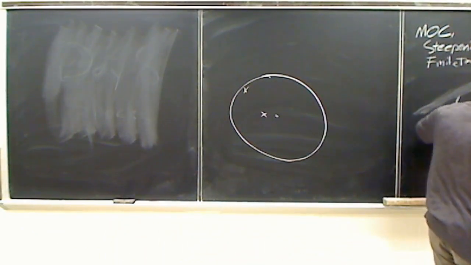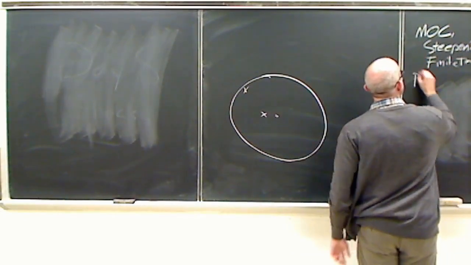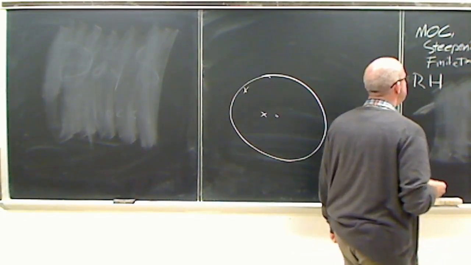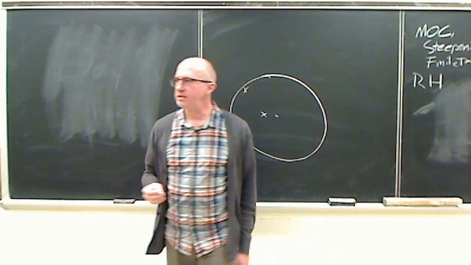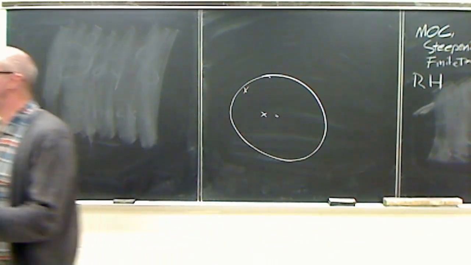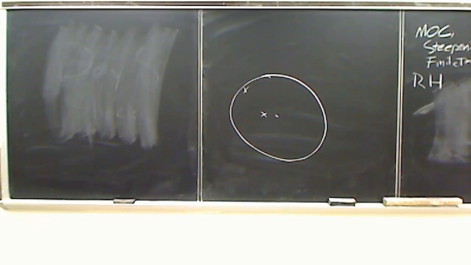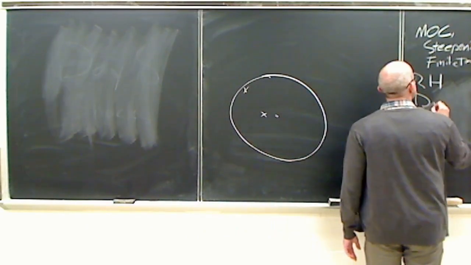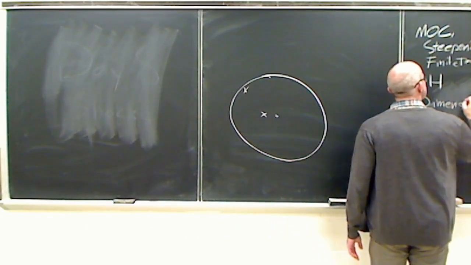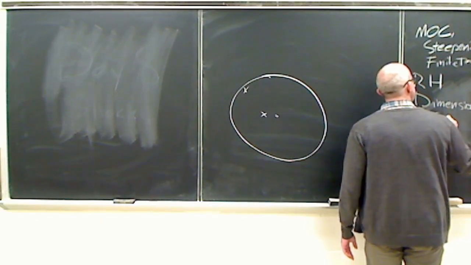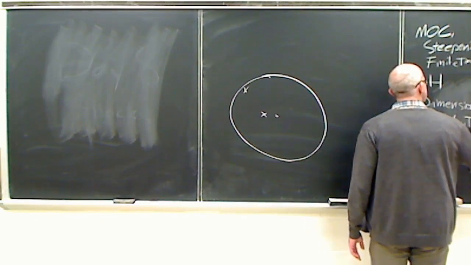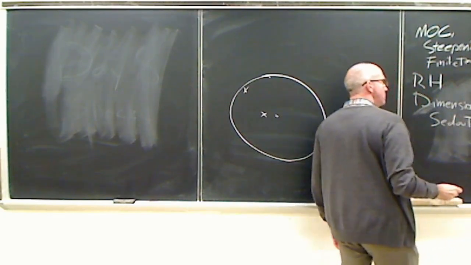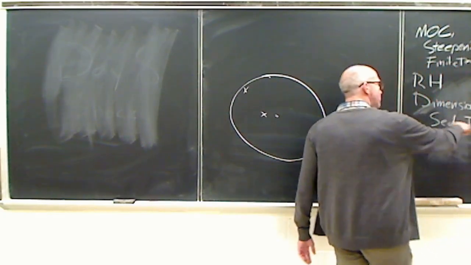And then we'll talk about the Rankine-Hugoniot relations and shocks, and then there's something else. Steepening, Burgers, Rankine-Hugoniot. And then, depending on how long that takes, I will talk about dimensional analysis, which leads us into the Sedov-Taylor blast wave solution.